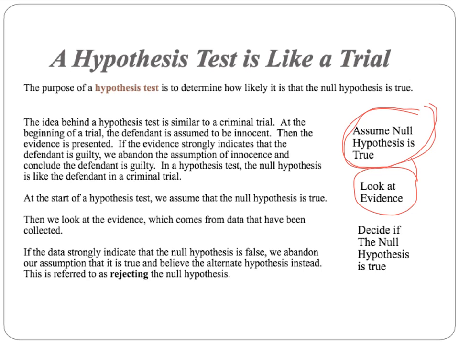If the data strongly indicate that the null hypothesis is false, we abandon our assumption that it is true and believe the alternative hypothesis instead. This is referred to as rejecting the null hypothesis. So we decide if the null hypothesis is true from looking at the evidence.